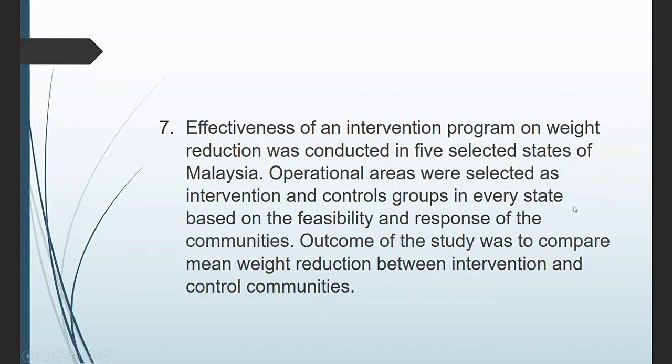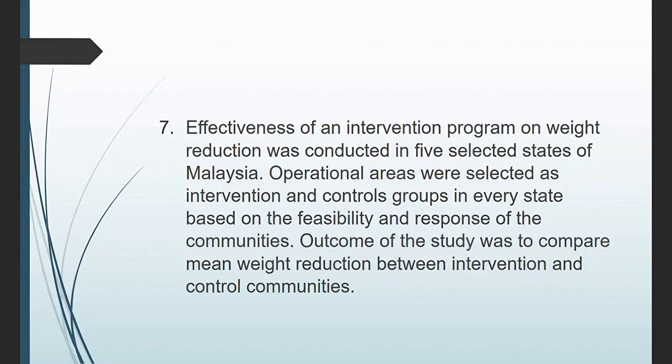For example, a school. From the same school you cannot divide it, one group receiving intervention and another group receiving control, cannot. Inside a community you have to take the whole community as intervention. For example, school A receives the intervention, school B receives control.